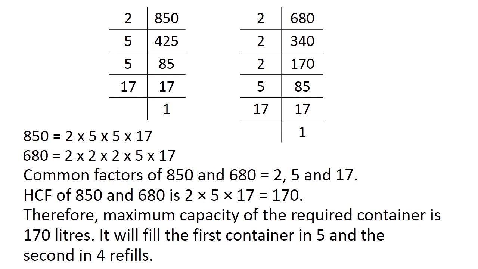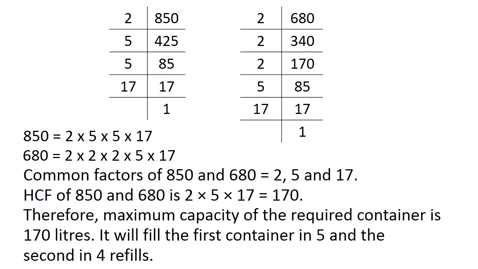Thus, the HCF of 850 and 680 is 2 multiply by 5 multiply by 17 is equal to 170. Therefore, the maximum capacity of the required container is 170 liters.